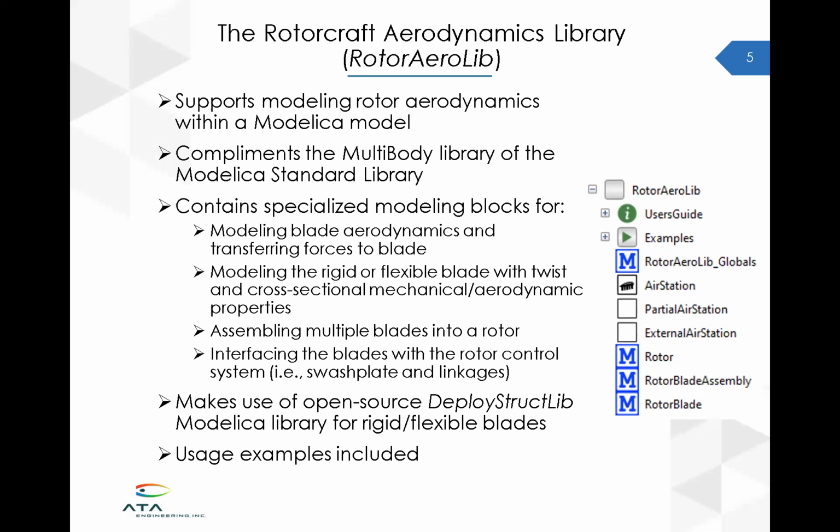It contains a number of specialized blocks, in particular the air station, which is for modeling the aerodynamics and transferring the aerodynamic forces to the blade. Also included in the library are models for the rotor blade, an assembly of blades, and then the rotor itself, which interfaces all the different control components, including the swash plate or linkages, and how those connect to the blades.